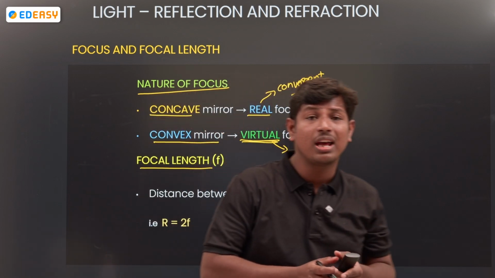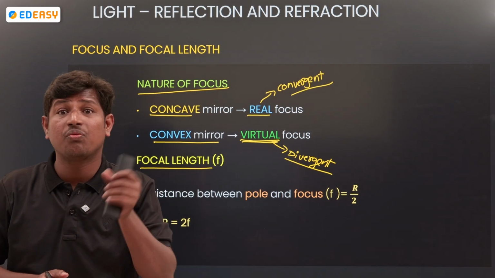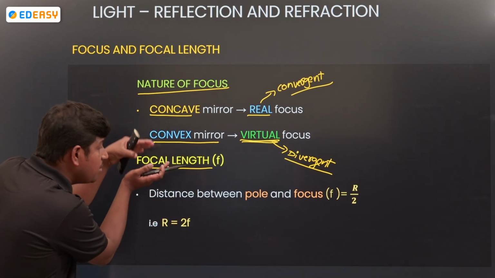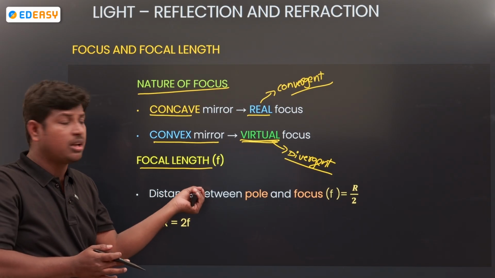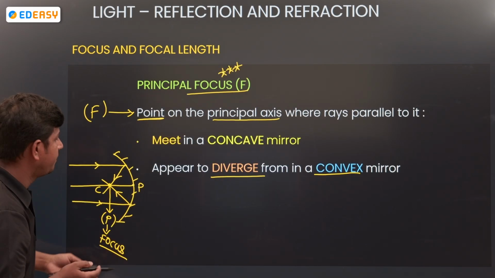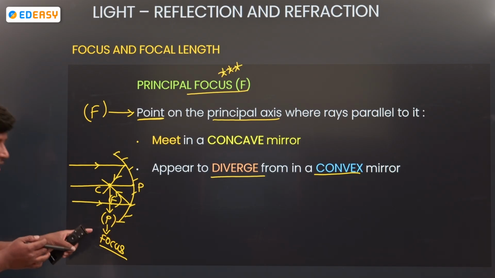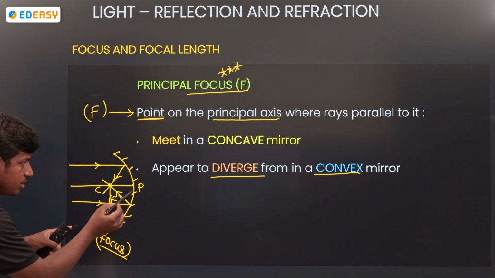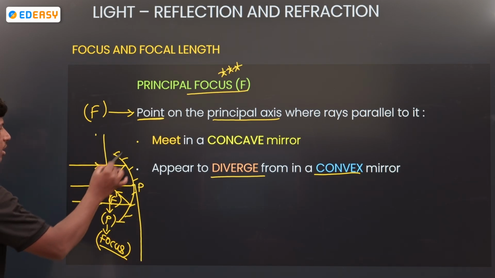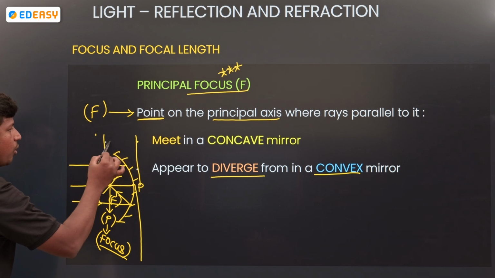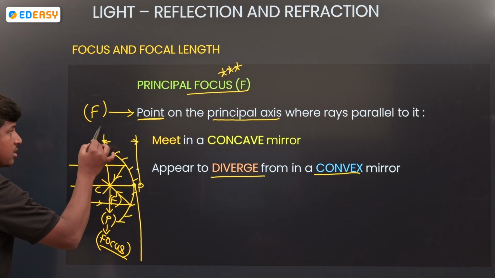Next, focal length. We discussed the radius of curvature and center of curvature. What is the focal length? Here it is F, and F is the focus.